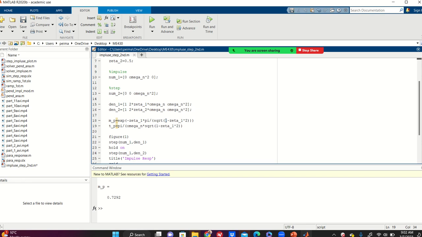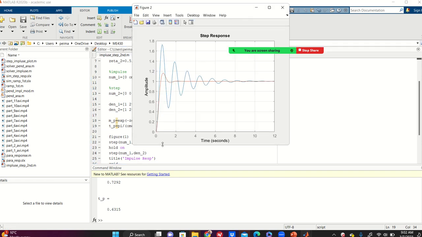There we go. Obviously it must give you the time 0.63. Let us double check everything, okay? Here we go. 0.63 like that. The time of the overshoot. Understand?